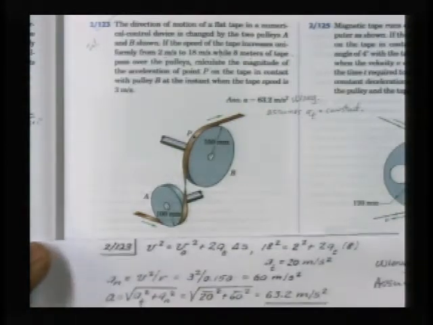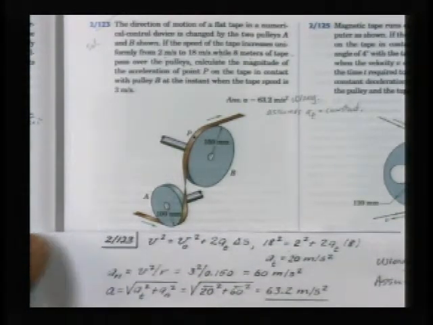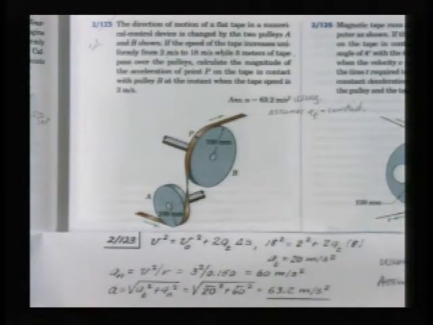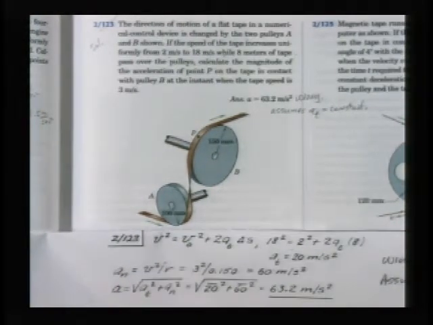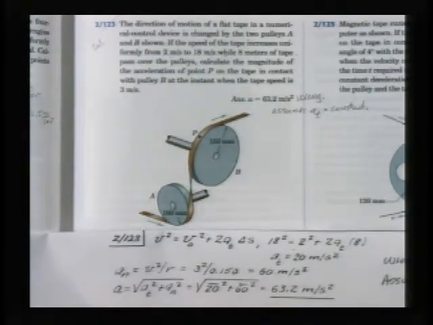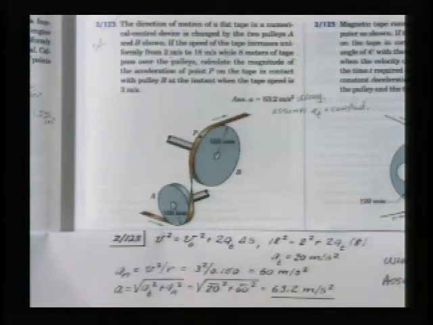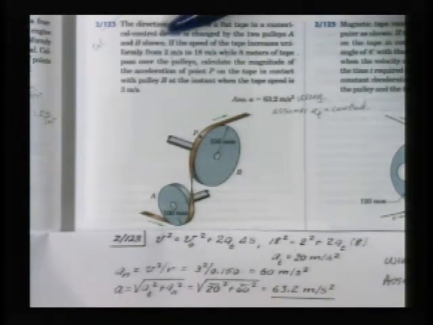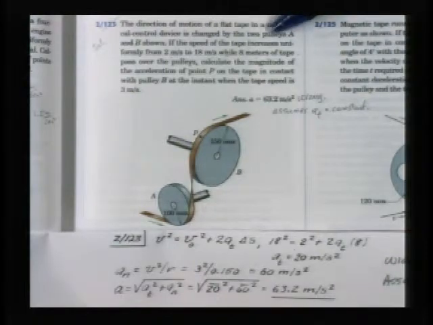Okay, so here's the author's solution at the bottom. Up in the wording of the question, we have flat tape, a numerical control device. It's changed by two pulleys, A and B, as shown.